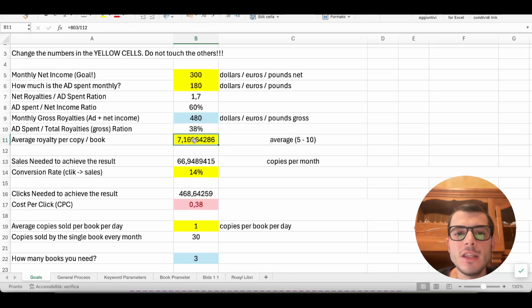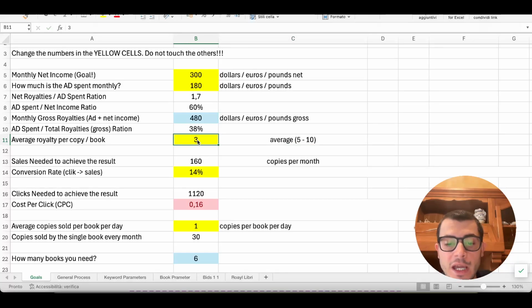The other variable that you need to figure out is how high the royalty of that book is, so how many dollars you generate with one sale. With low content, maybe you generate 3, and with high content, maybe you generate 12.